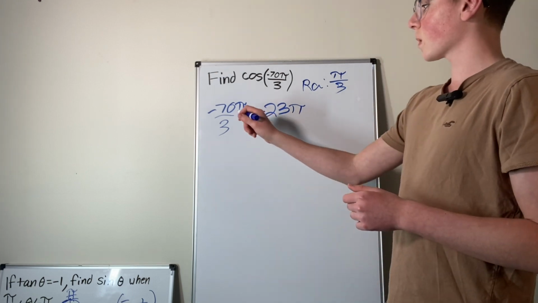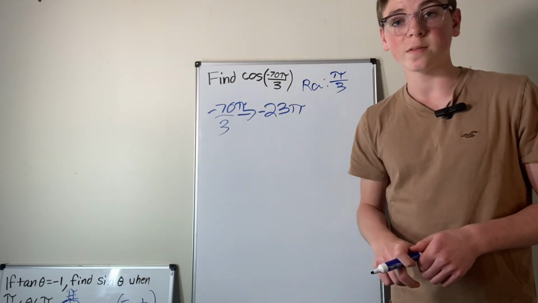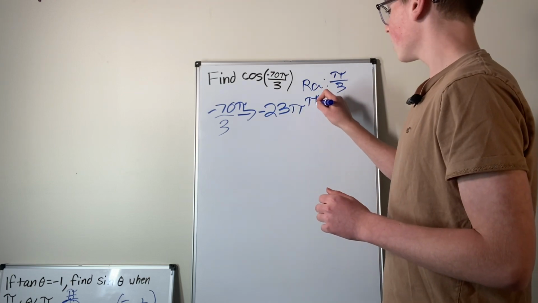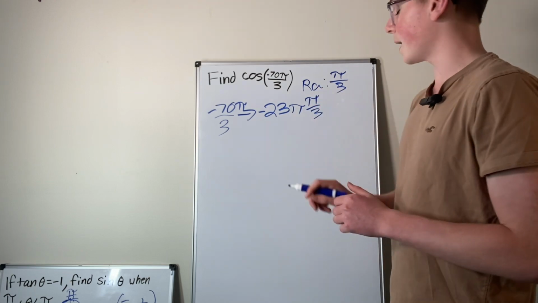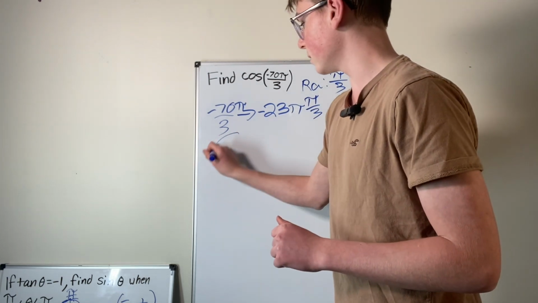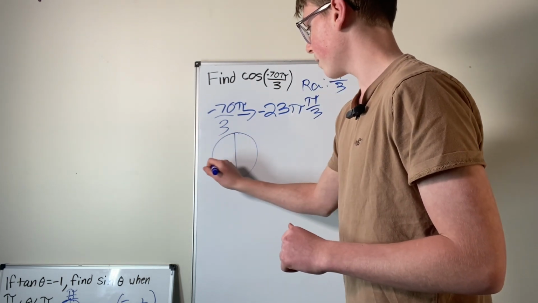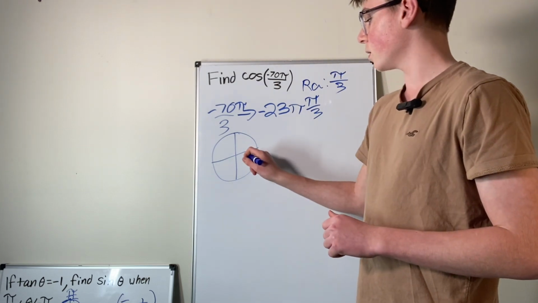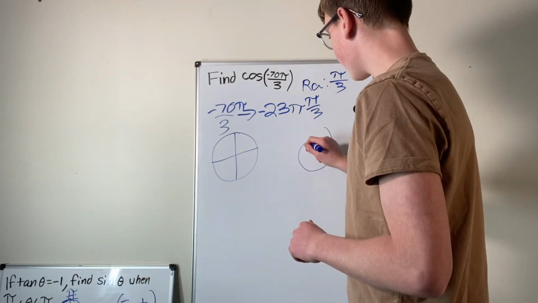And then, what are we left over with? Well, we're left with pi over 3. So it'll be -23 pi over 3. This is a doozy to graph. But remember, when it's negative, you are going clockwise.